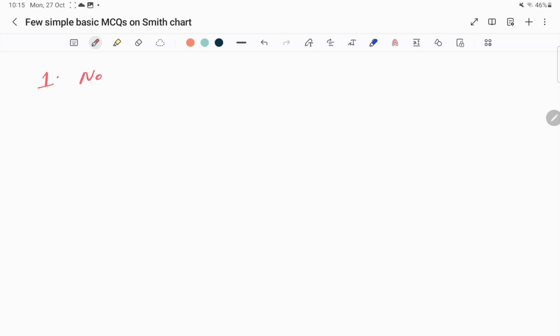So what is normalized impedance Smith chart? Usually you will find in MCQs that they use this word normalized. Normalized means the load impedance is normalized with respect to the characteristic impedance of the transmission line.